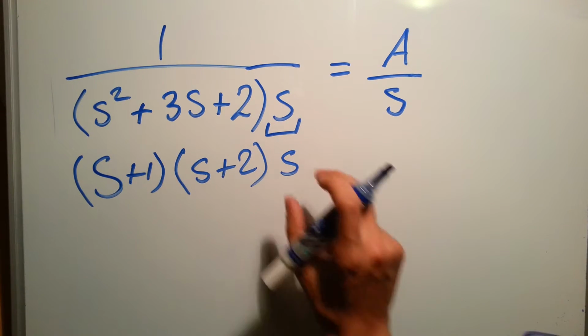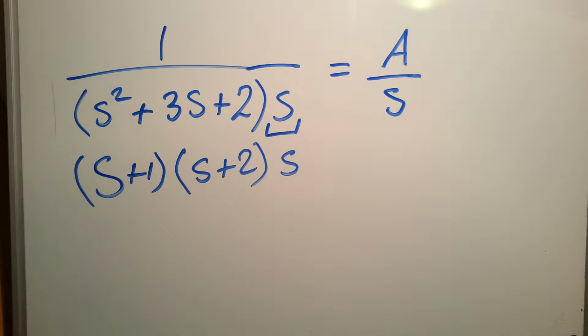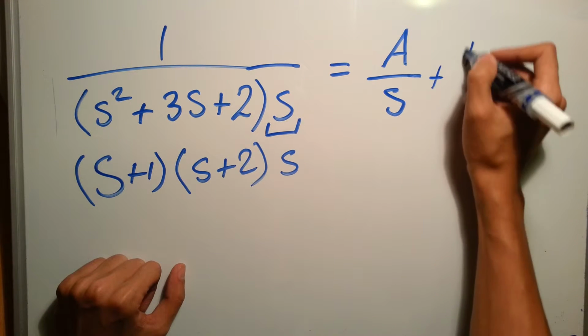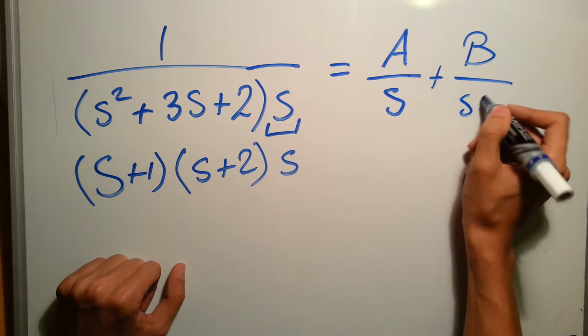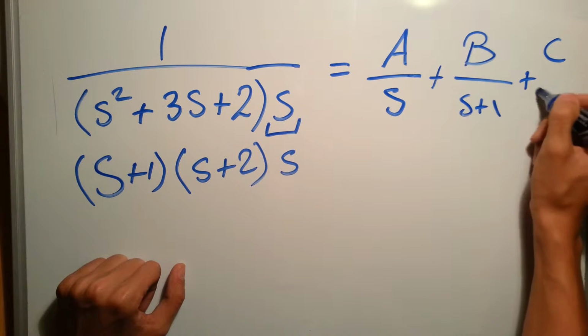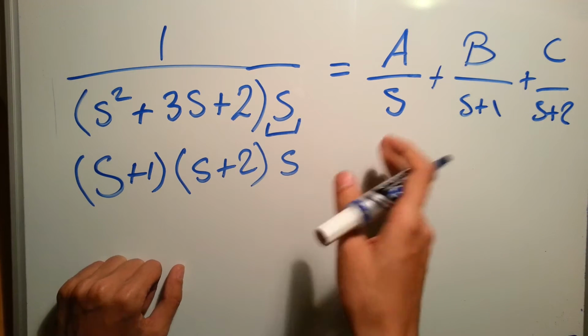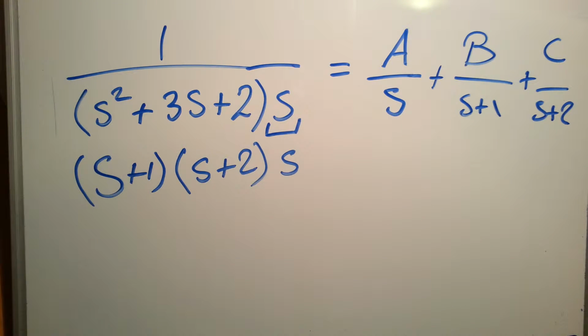So now you take each small part and put it in a separate fraction. So it will be A over s plus B over s plus 1 plus C over s plus 2.